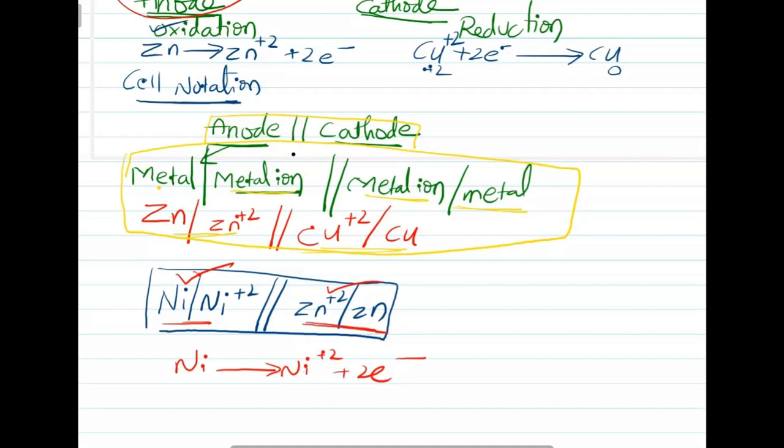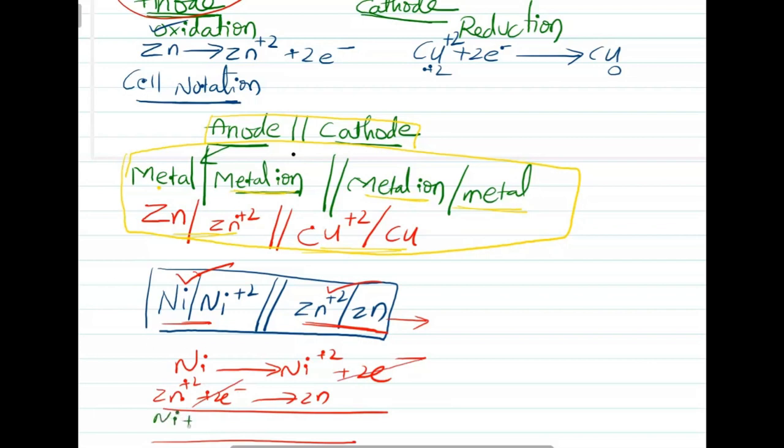At the cathode, reduction will occur: Zn plus 2 takes up 2 electrons and forms Zn. For the overall reaction, the 2 electrons cancel, so the overall reaction will be nickel plus Zn plus 2 gives nickel plus 2 plus Zn. This is the way to get the overall reaction when the cell notation is given.